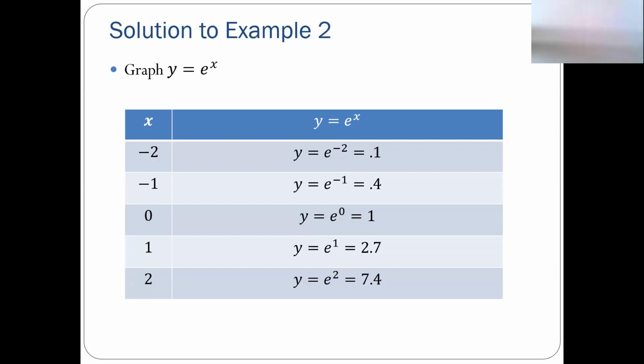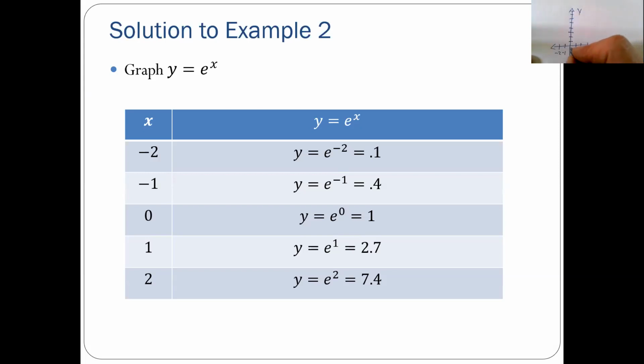So I'm going to sketch a graph of those. I'll sketch my x and y axis. This will be -2, -1, 0, 1, and 2. And we probably should go up to about 7, because my highest value is 7.4.